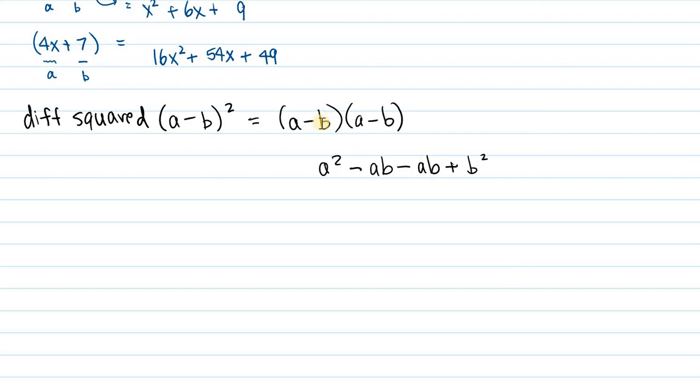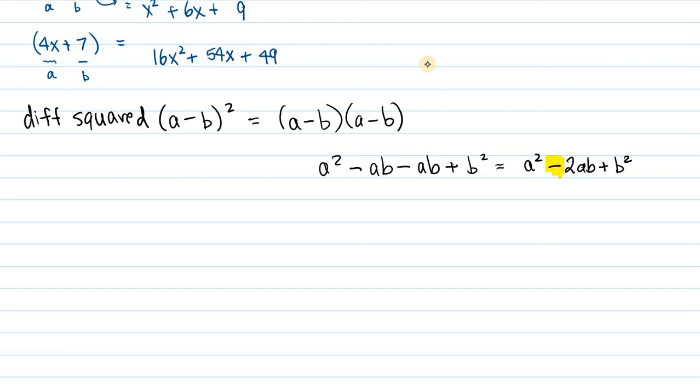And when I multiply a negative b times a negative b, I get positive b squared. So this simplifies into a squared minus 2ab plus b squared. So the only thing that's different here from the sum squared pattern is this minus sign here. But we can use exactly the same steps.